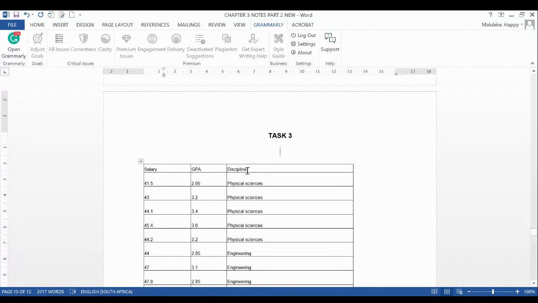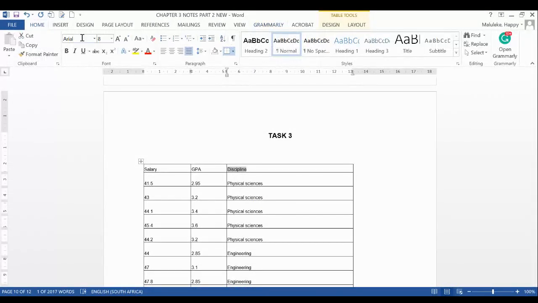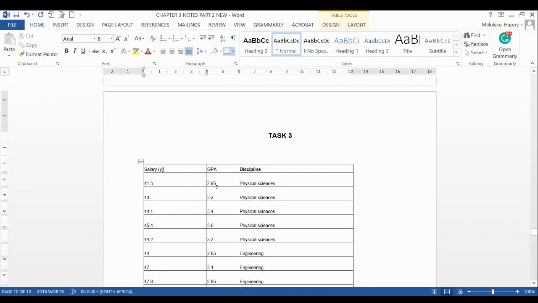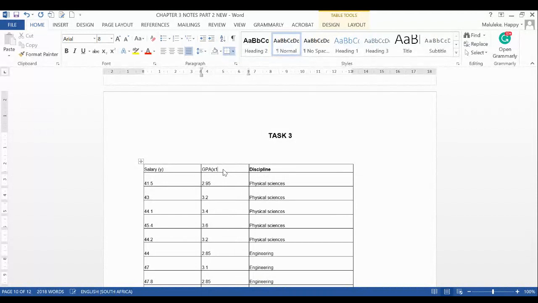So if you check under the discipline, we have 3 options. Because we know the first one here is what we want to predict. This is our y. We're fine with this one. Grade point average, this is x1.